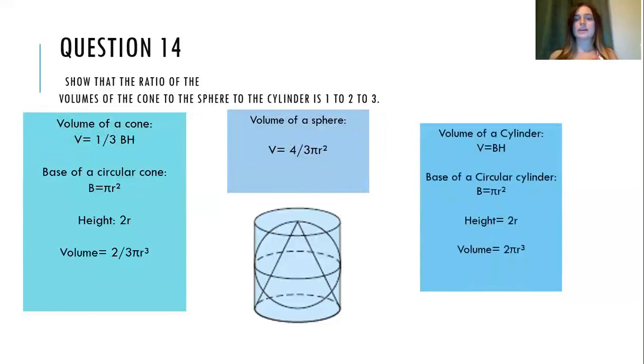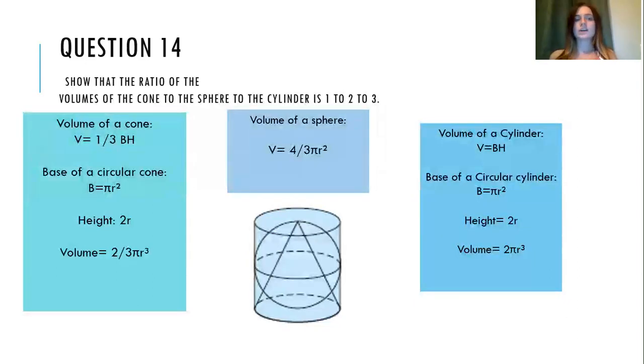Next, we have the volume of a sphere, which is volume equals 4 over 3 pi radius cubed. And then next, we have the volume of our cylinder, which is base times height, and the base of a circular cylinder, to find that, we do pi radius squared. We know that our height is 2r, so if we plug these into our equation, our new formula is 2 pi radius cubed.